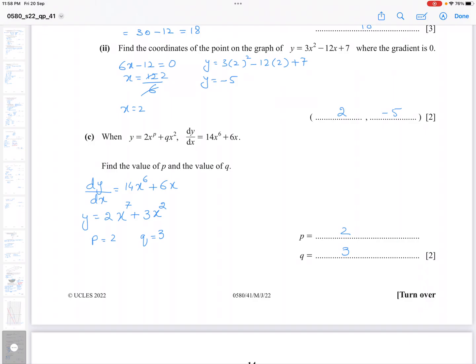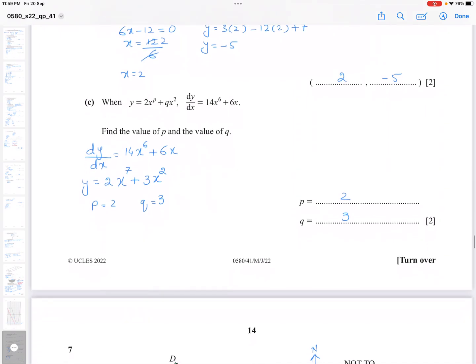In part C, when y is equal to x power p plus q x square, and dy by dx is equal to 14x power 6 plus 6x, find the value of p and the value of q. So dy by dx is equal to 14x power 6 plus 6x. So if you go in reverse from here, the power of x would be 7 and the coefficient of x would be 2.